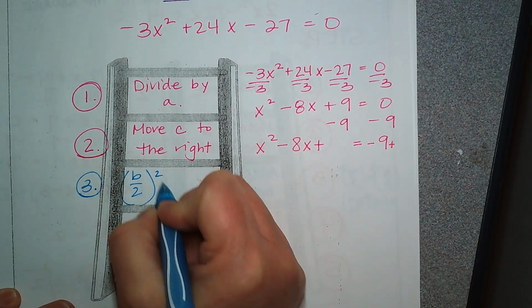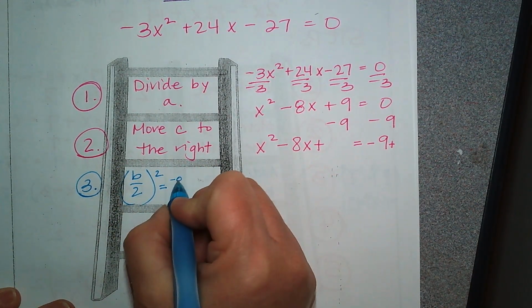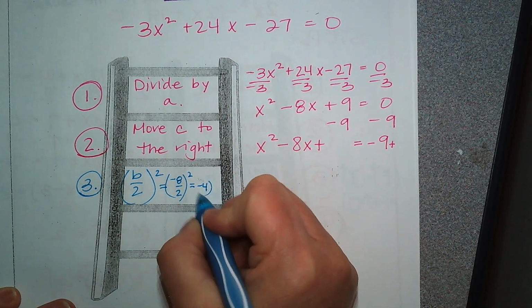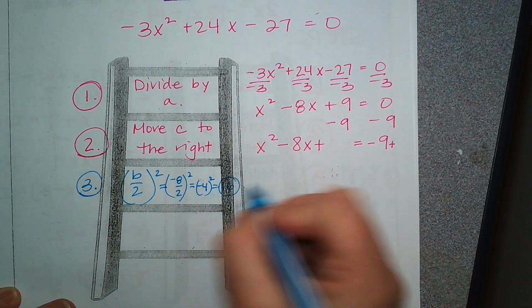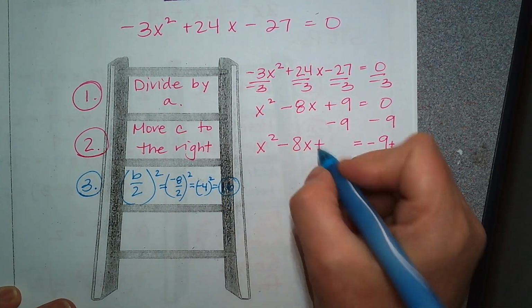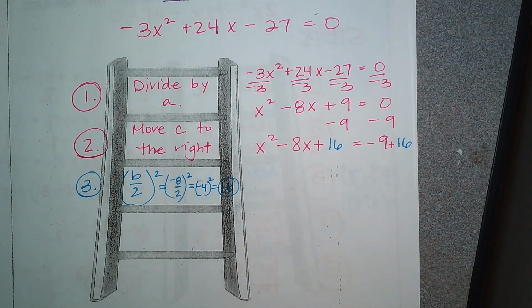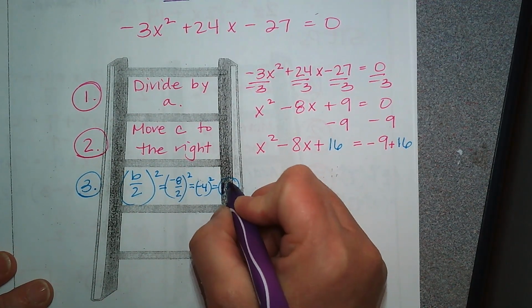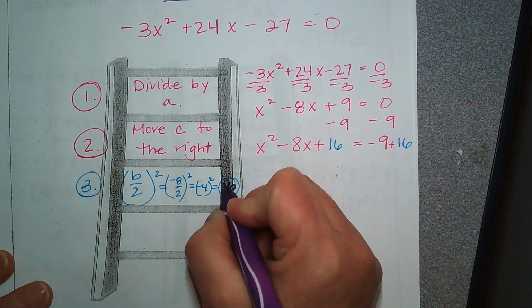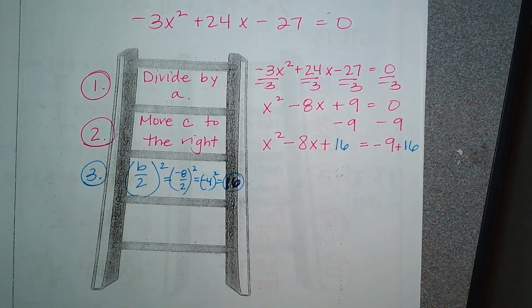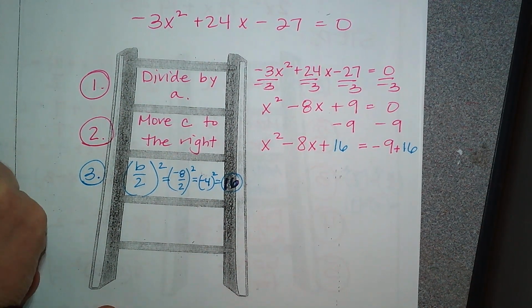What's b over 2 squared? 16. Then we need to factor.